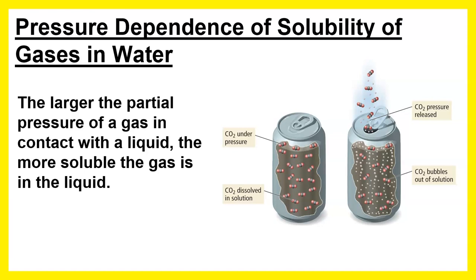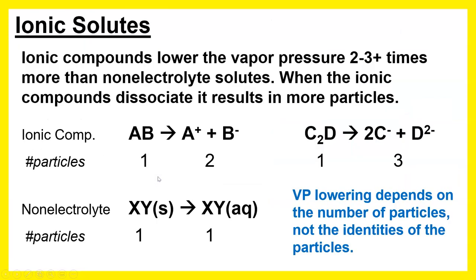All right, another thing to think about when we're trying to dissolve stuff in a liquid is how many particles does it dissolve into? The more particles that are formed, the more affected things like your vapor pressure will be. One interesting fact is that it doesn't depend on what the particles are, just how many particles there are.